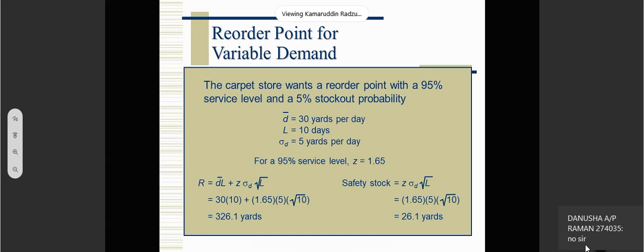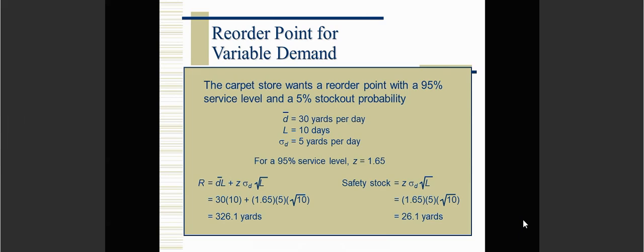The average demand per day is 30 yard and the lead time is 10 days and the standard deviation of demand is 5 yard per day. So with the service level of 95%, the normal distribution table shows that the Z value is equal to 1.65. So we replace the data into the formula of reorder point level with the variable demand.